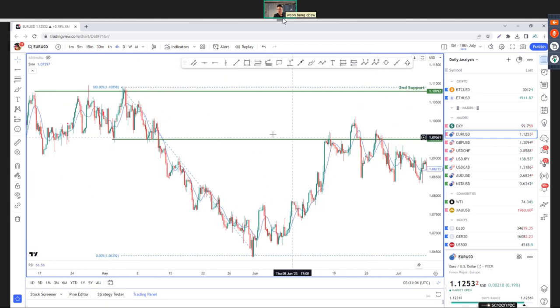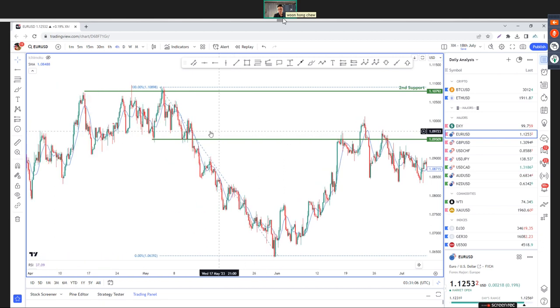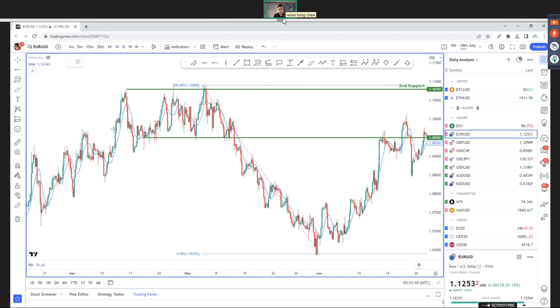Previously, let's say this is one of our key areas. We can see that this is a very nice support area because price. Wait, let me just show you guys.